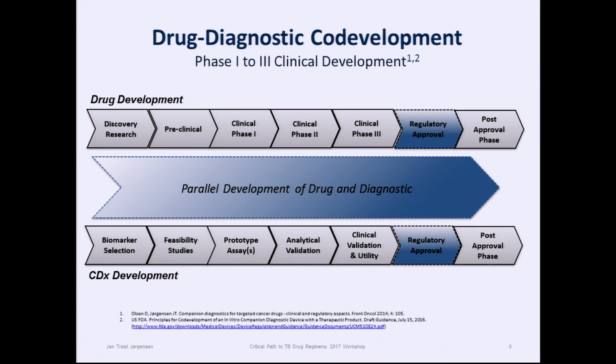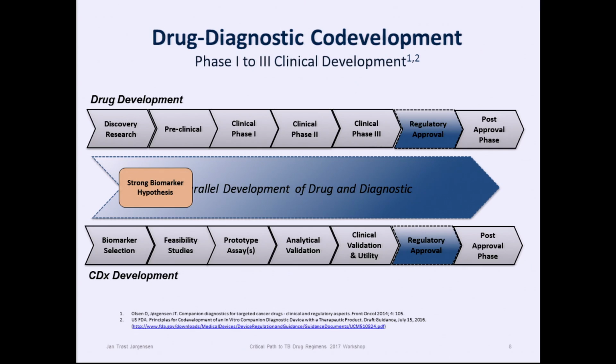But I will not highlight every single aspect in this sequence here. Up here you see the drug development sequence, and down here you see the sequences in relation to development of the assay. But just look at some few important aspects. The important aspect is the biomarker hypothesis, that in the beginning of the drug development project you come up with a strong biomarker hypothesis.